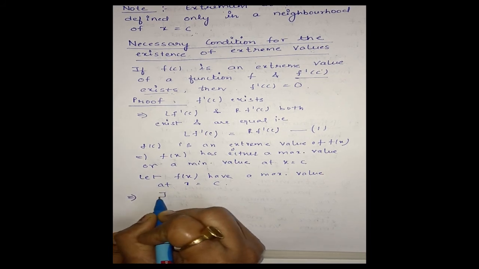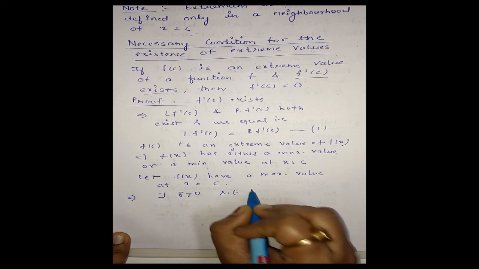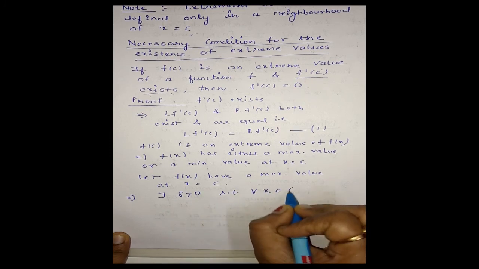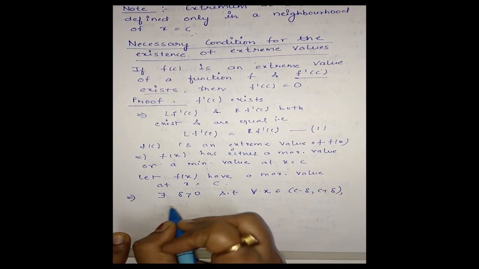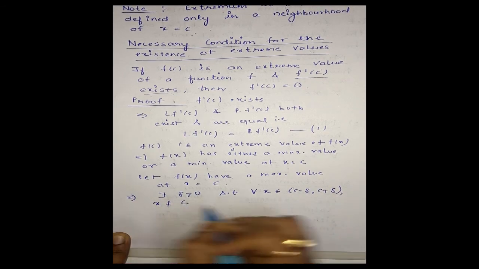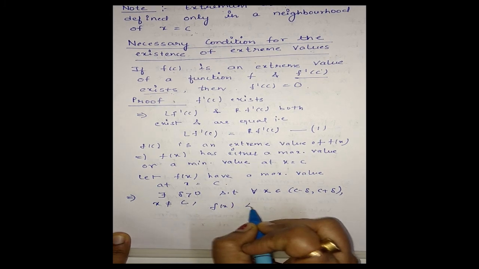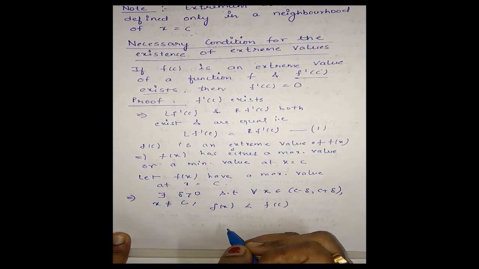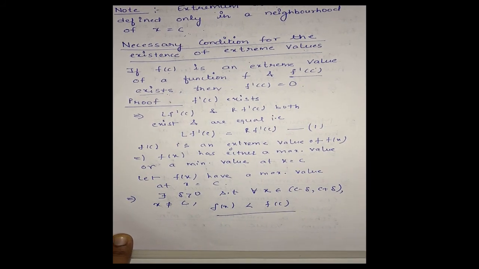By definition, this implies there exists delta positive such that for every x in the interval (c minus delta, c plus delta), where x is not equal to c, we have f(x) is less than f(c). This is the meaning of maximum value.